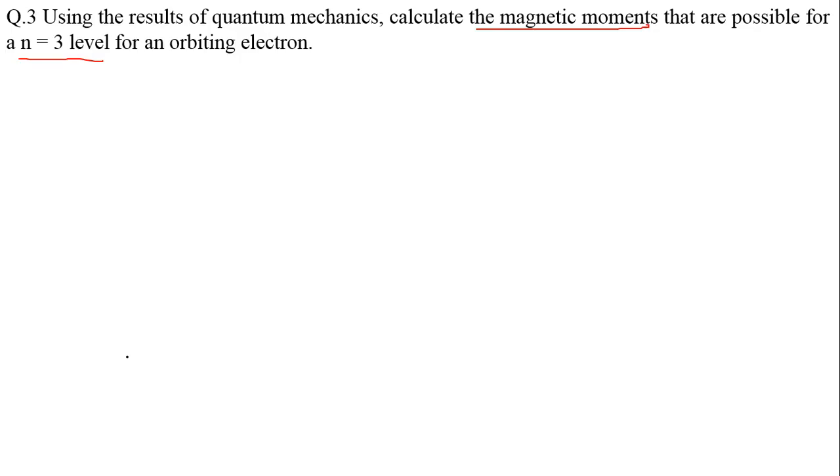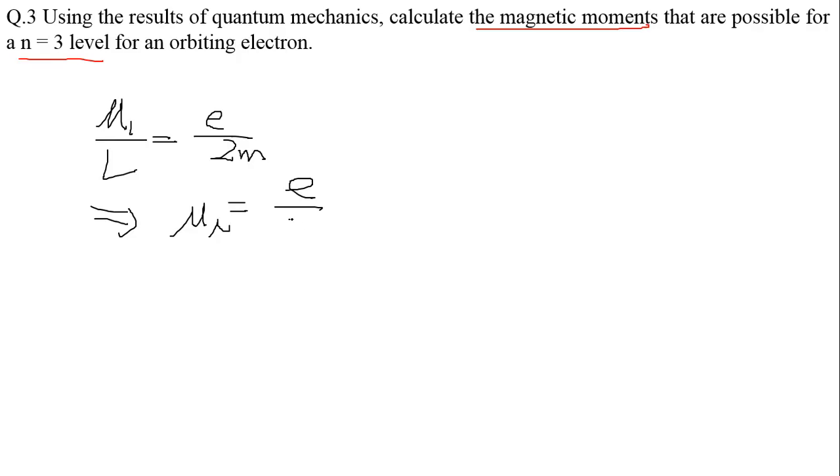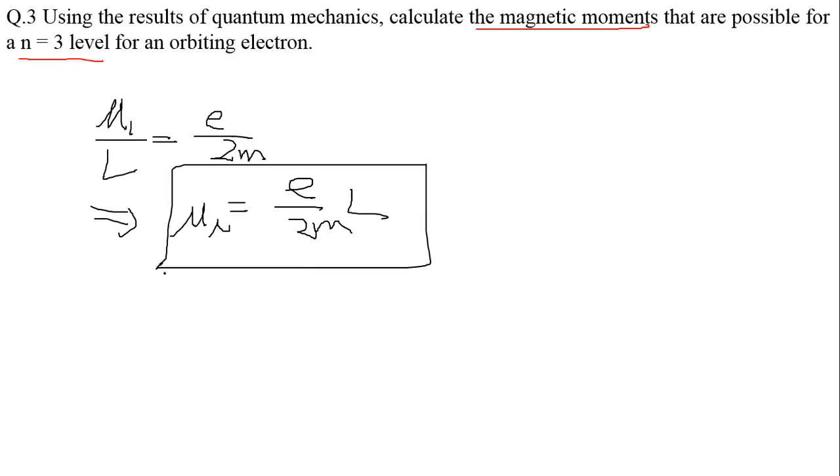For orbital magnetic moment, we have mu L by L is e by 2m. We discussed this in the first problem. So the orbital magnetic moment will be mu L equals e by 2m into L. This is the expression for orbital magnetic moment.